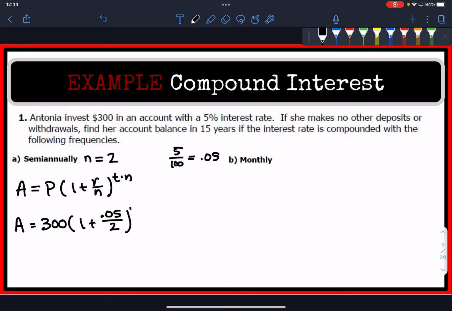Now we're going to do this for 15 years, and that 15 is also going to be multiplied by 2 because we're again compounding it twice every year. And this is going to give us our account balance. That total is approximately $629.27.